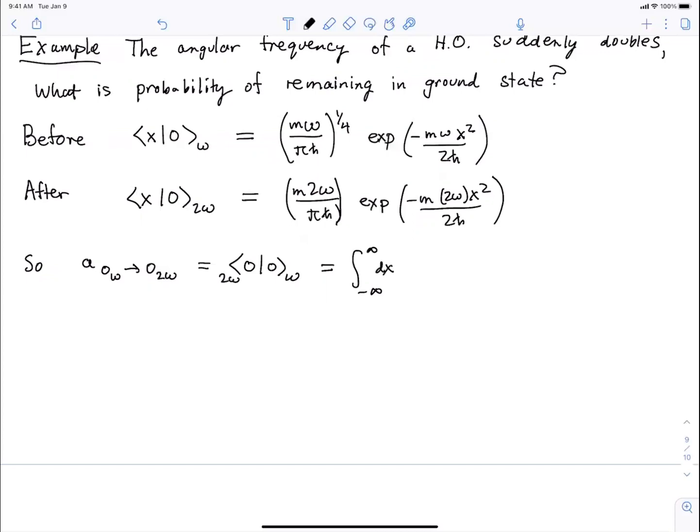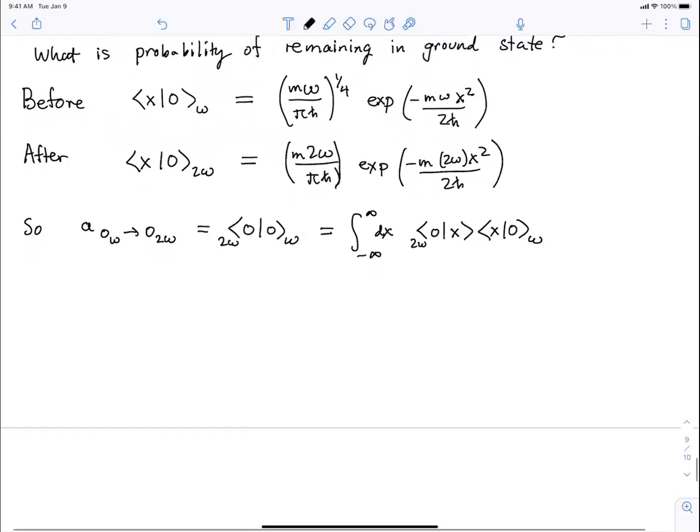Okay, so we integrate over all x and we plug in the wave functions for 2 omega and omega. Okay, and I forgot my factor of 1/4 here.